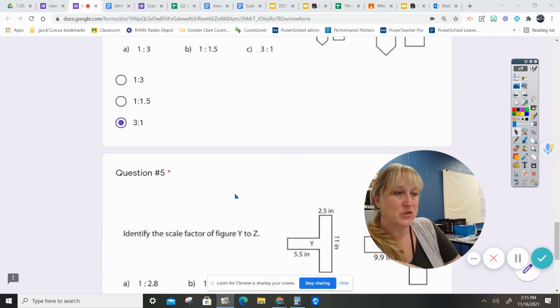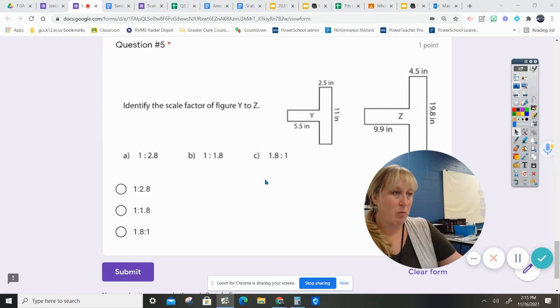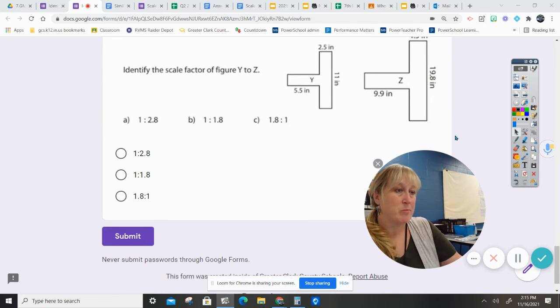All right, question number 5. We have decimals again. I can say that this is my smaller one. This is the bigger one. So that means this one is definitely not it, because 1.8 is bigger than 1.